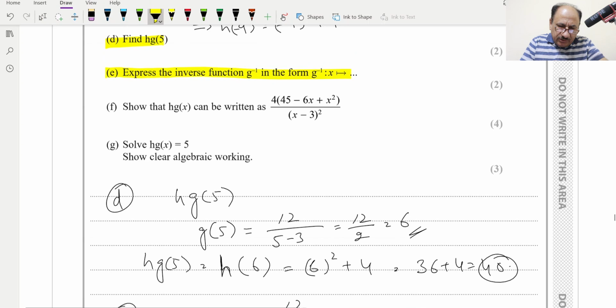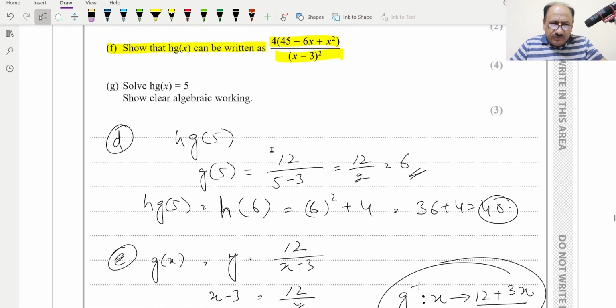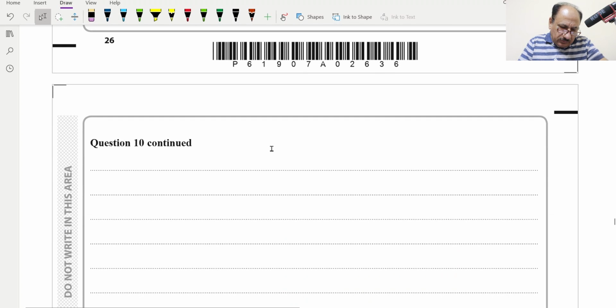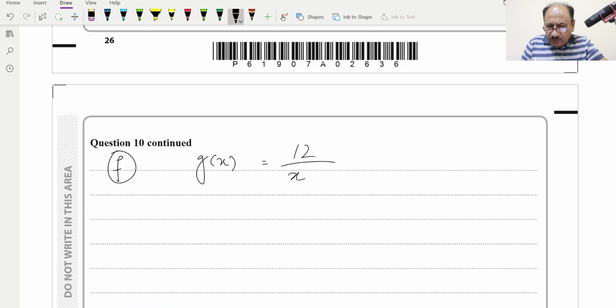Now we can go through F part. F part is saying show that h of g of x can be written in this format. So we need to find h of g of x. First of all, g of x we know is equal to 12 over x minus 3, and h of x is given, which is x squared plus 4.